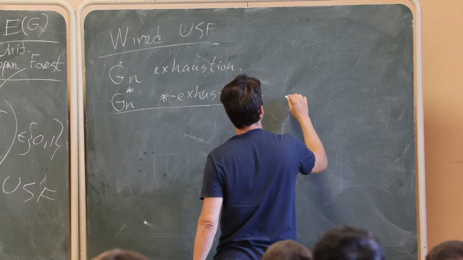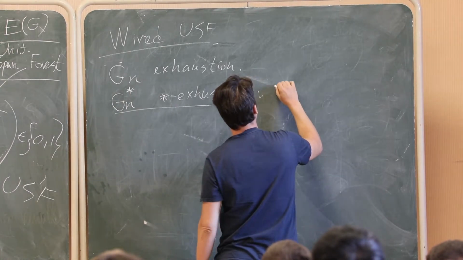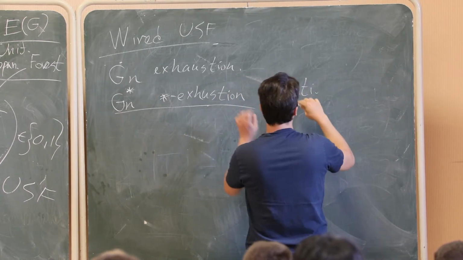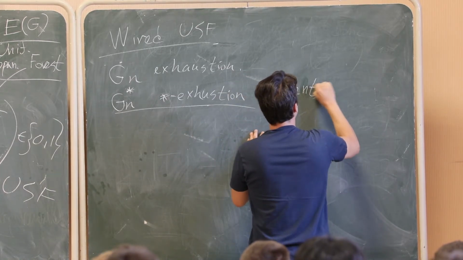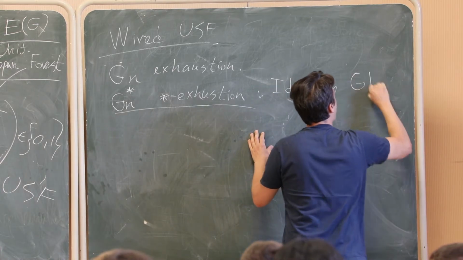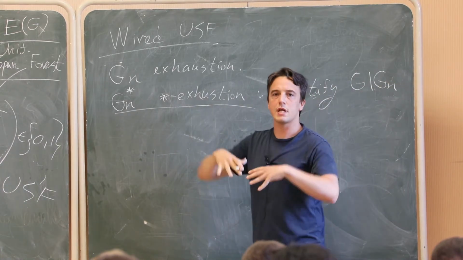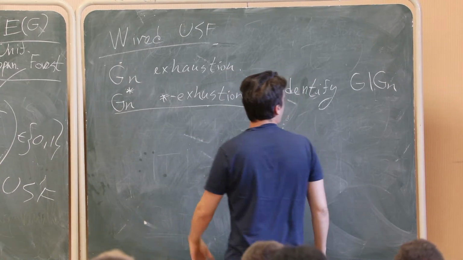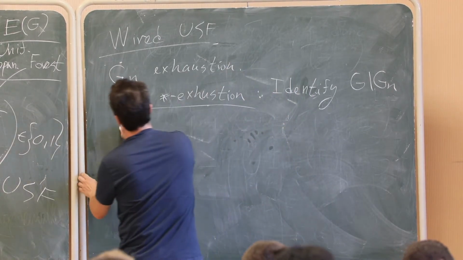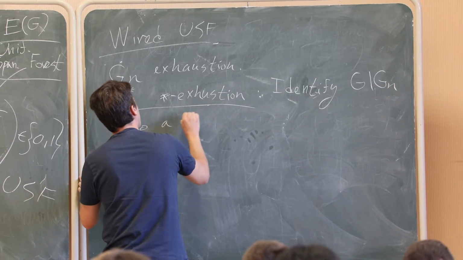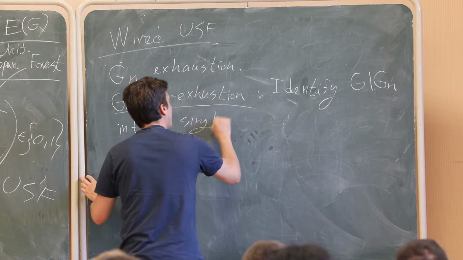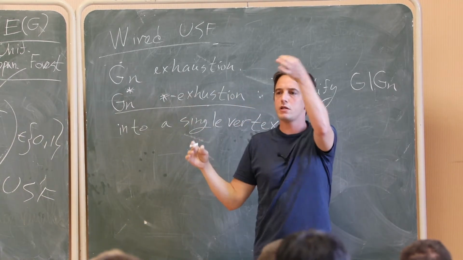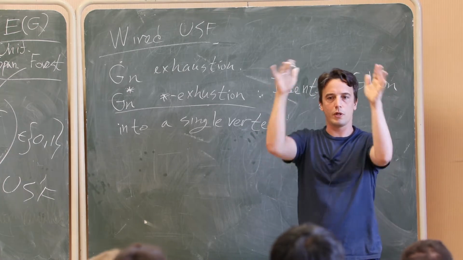I construct it from Gn by identifying, or gluing, G minus Gn. So all the vertices outside of Gn I identify into a single vertex, and leave all the edges that were going outside.